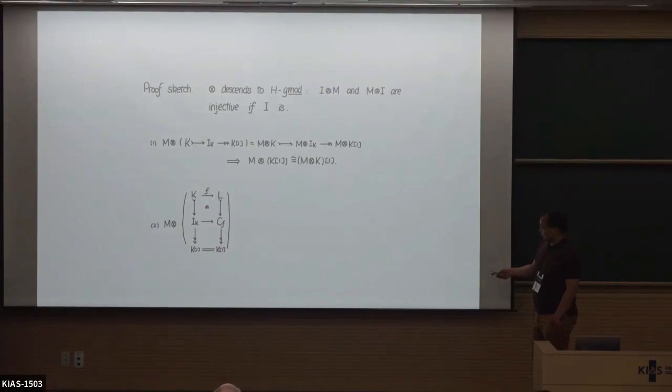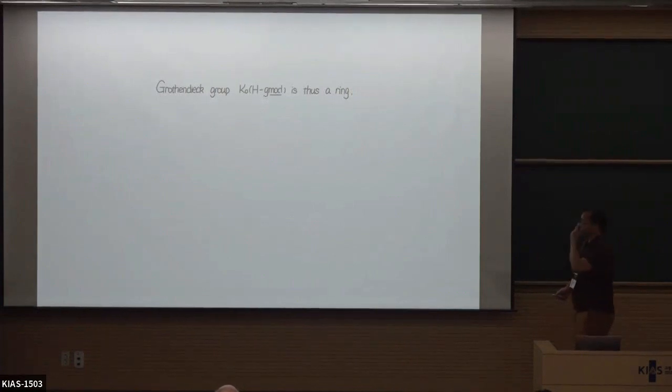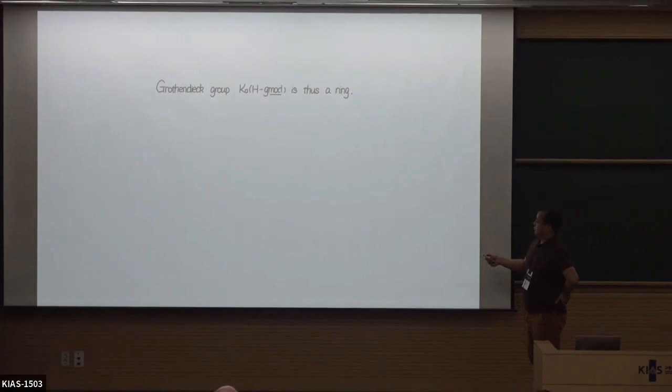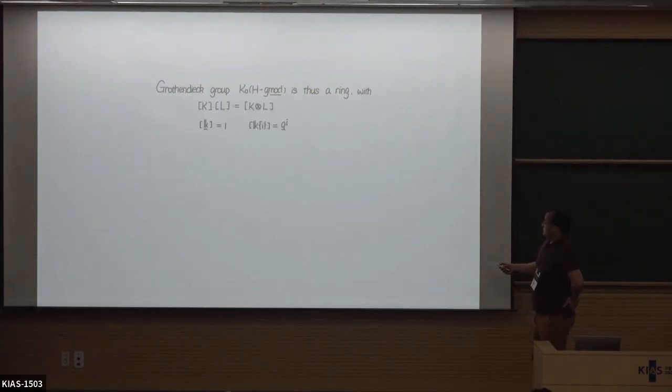So when you form the tensor product, the whole thing is still a push-out diagram, so this tensor product commutes with distinguished triangles. And finally, the Grothendieck group is therefore a ring. If you are given a finite dimensional Hopf algebra, this stable category always gives a ring, the multiplication structure is given by tensor product, and the multiplication unit is just 1.